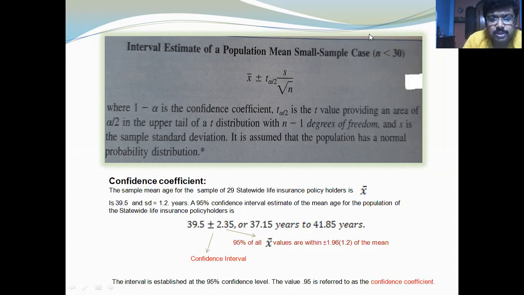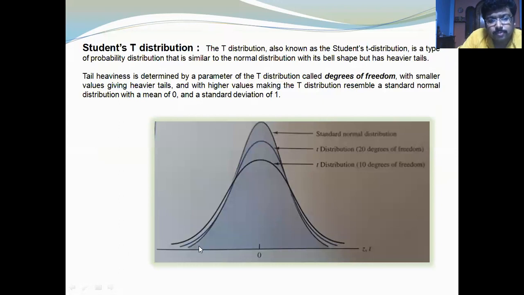If you see this curve in my previous slide, you can find, suppose this black solid line is the t distribution curve.